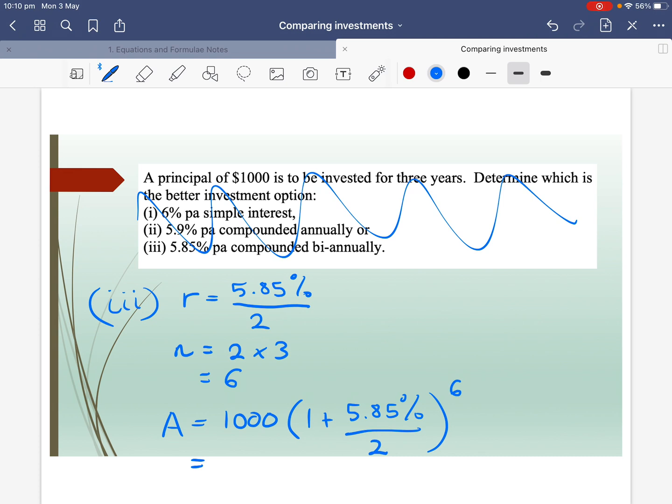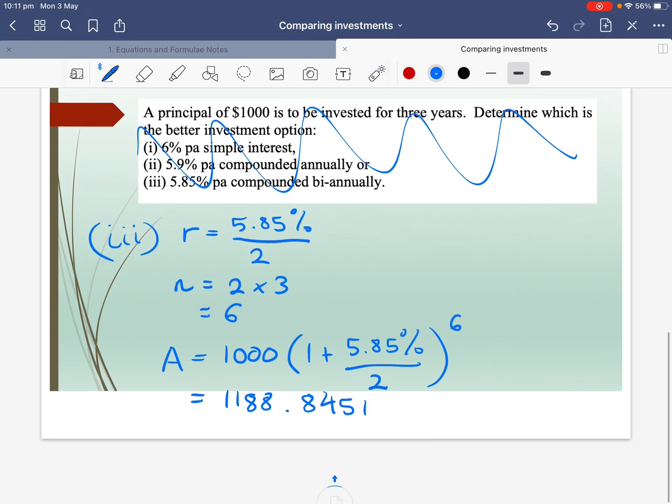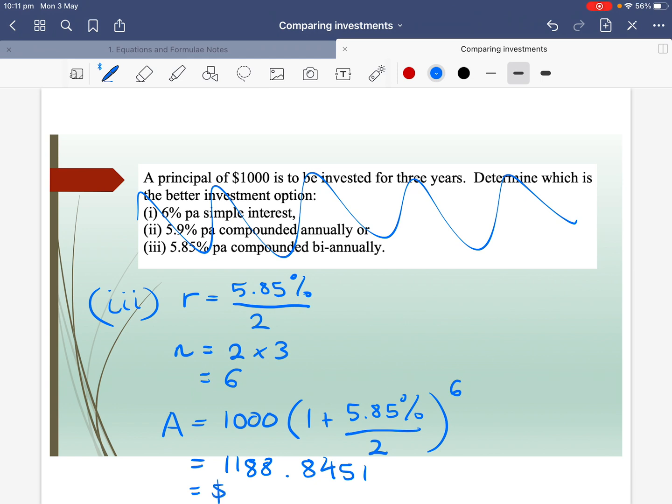Let's calculate that. And we get 1188.8451, which is equal to $1,188.85.